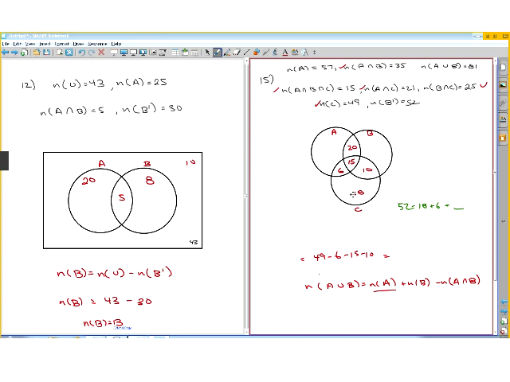Let's try this again, because these are correct. Oh wait, there is a universal set. Okay, I'm just looking at the solution to see what I forgot, and I really did have a universal set, so I'm going to have to go back and think about this again.